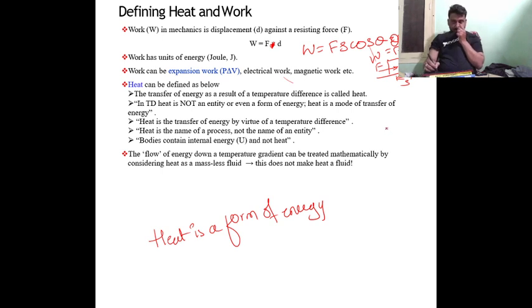But if it is moving on an inclined plane at an angle of 60 degrees, and it has to move some distance, then we take this as Fs cos theta. This is the common practice for work done in mechanical work. This is called mechanical work.